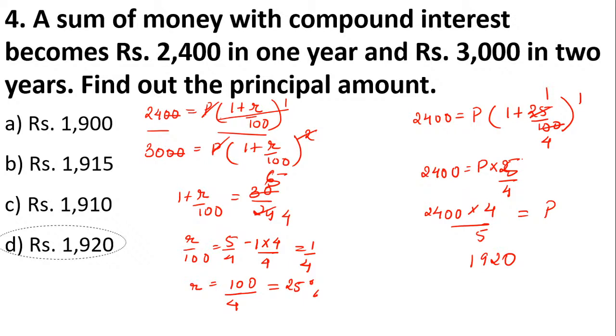I hope after looking at the solution, you guys got how we have come to the answer. 1920 is the answer. D is the right answer. Neelam understood now. Very nice. Devendra, Remy, very good. All of you, very good.